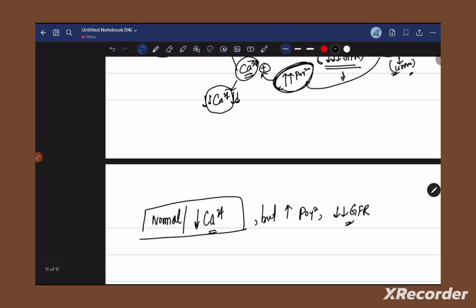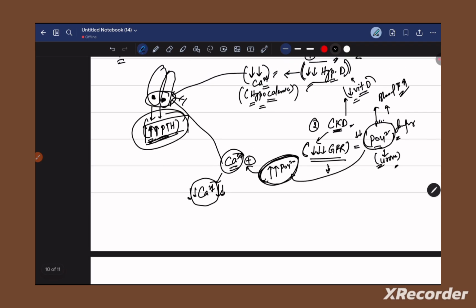Okay, are you getting me how? Because you just see here there is deficiency of vitamin D, it is unable to absorb the calcium from the gut, so causing hypocalcemia.